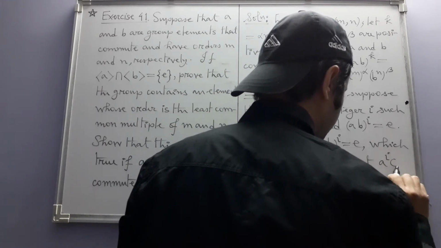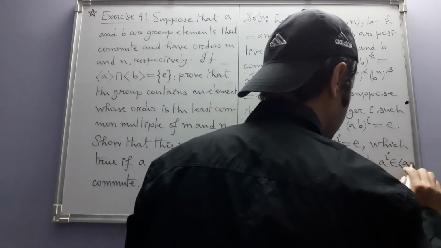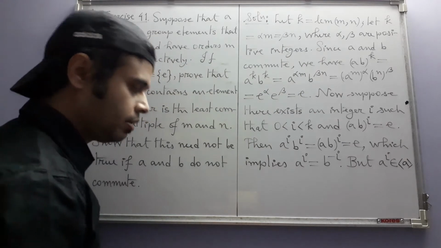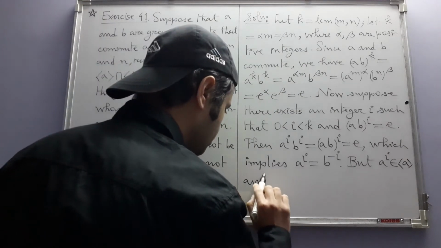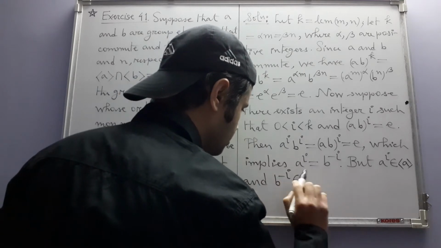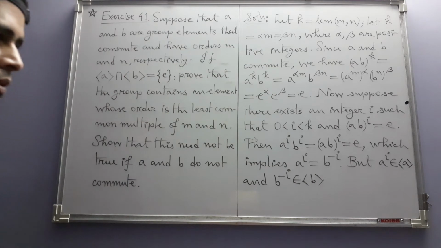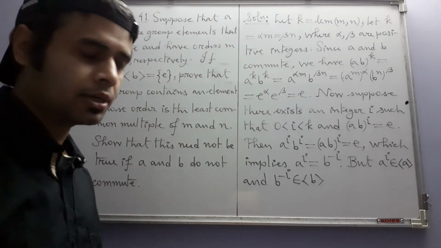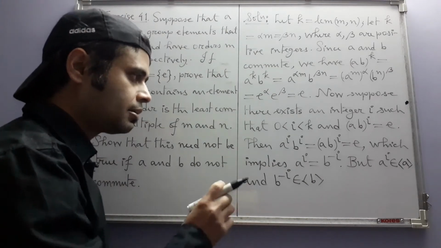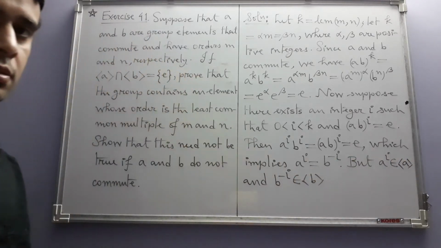But A to the power I, being an integral power of A, belongs to the cyclic subgroup generated by A, and likewise B to the power minus I belongs to the cyclic subgroup generated by B. Since they are the same element, that element belongs to both cyclic subgroups.